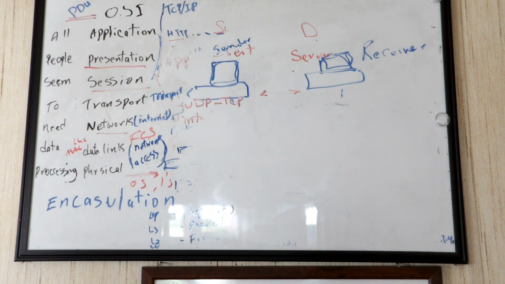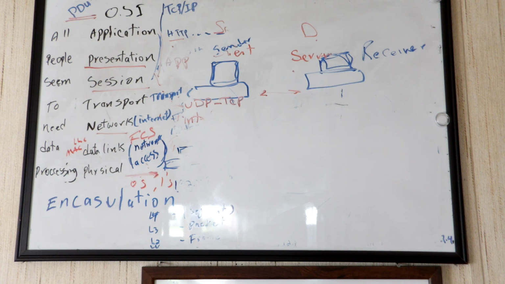The data in the OSI model is a PDU, but when it gets to TCP/IP, the data is broken into segments, meaning it is divided into smaller units called segments in the transport layer.